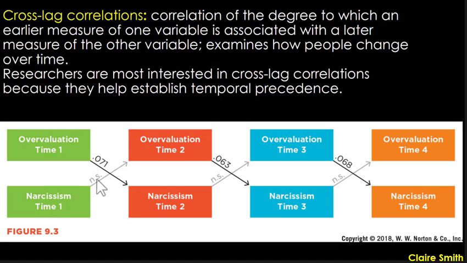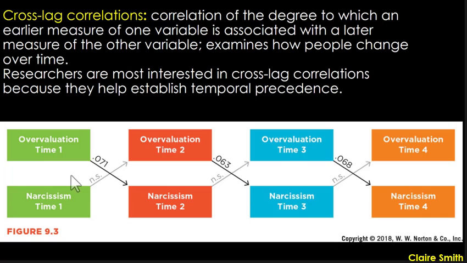So maybe the narcissism actually was leading to the overvaluation, but this shows it's not. You could also have a situation where both correlations are significant, right? So this overpraise at time 1 leads to narcissism, and also vice versa. You could have narcissism leading to this overpraise.